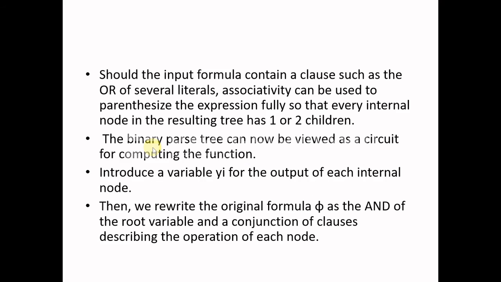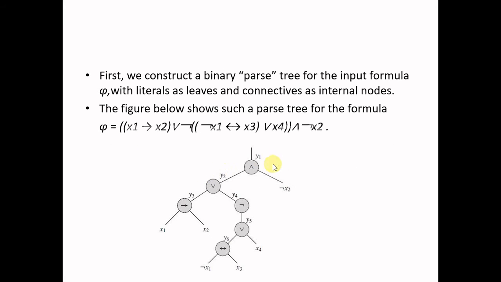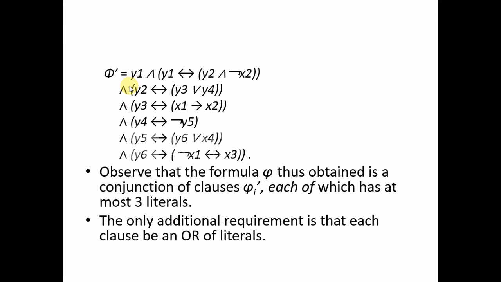This tree corresponding to phi is rewritten as phi dash, and observe that the formula phi dash thus obtained is a conjunction of clauses. You can call each of these clauses phi i dash, and each has at most 3 literals.